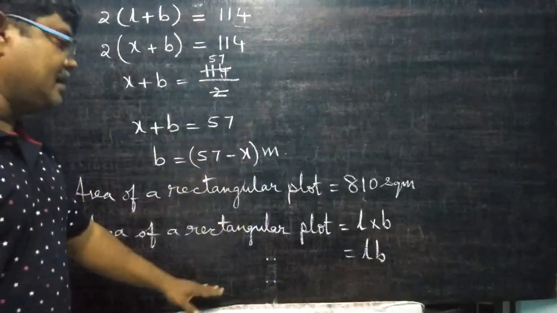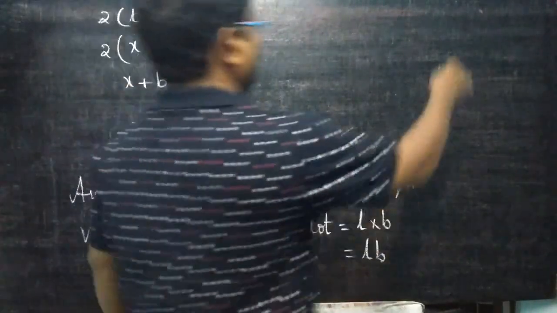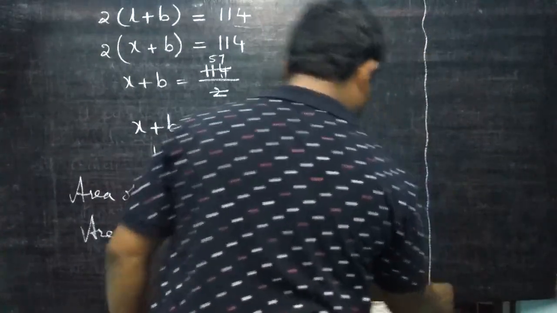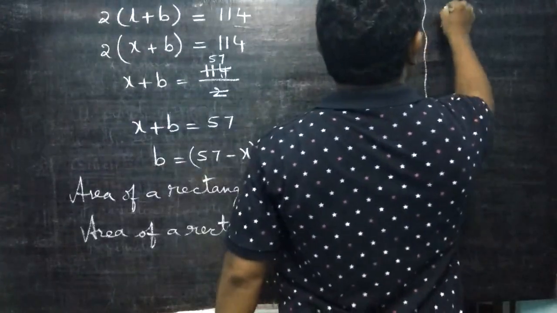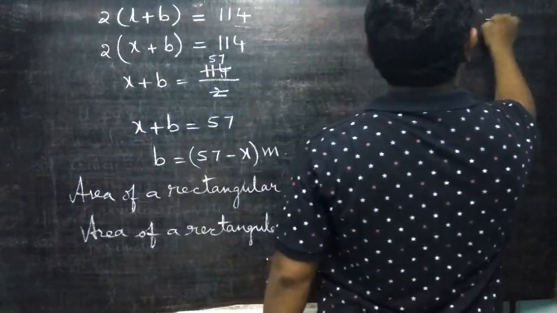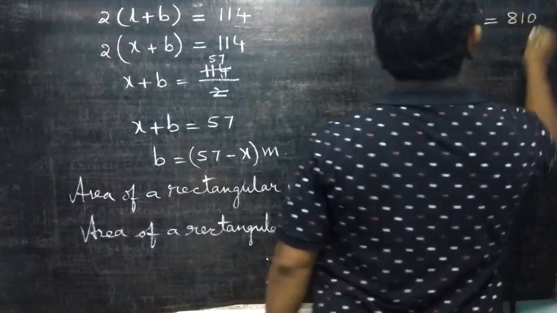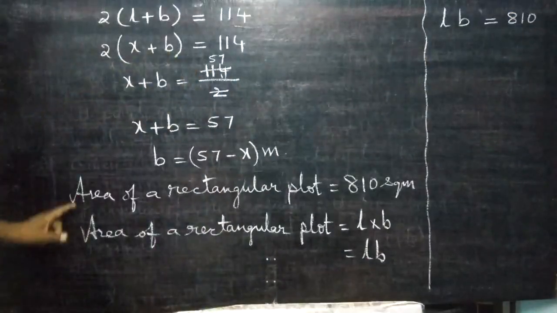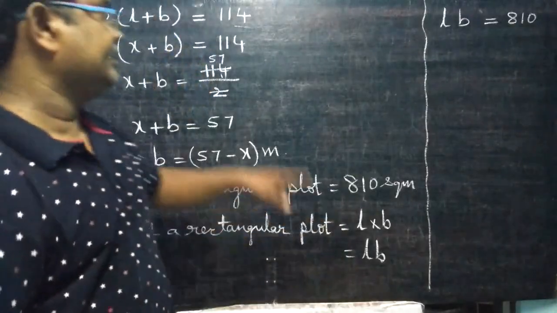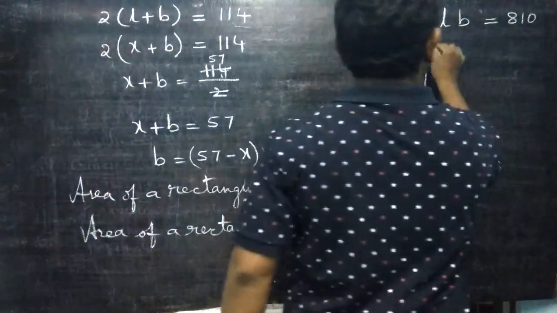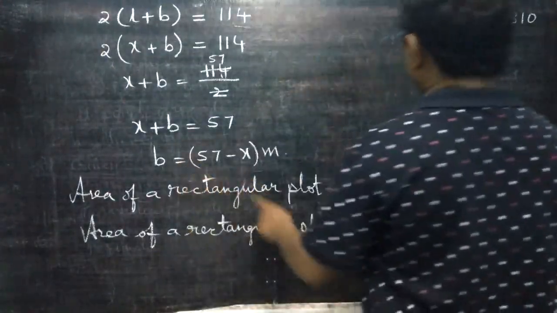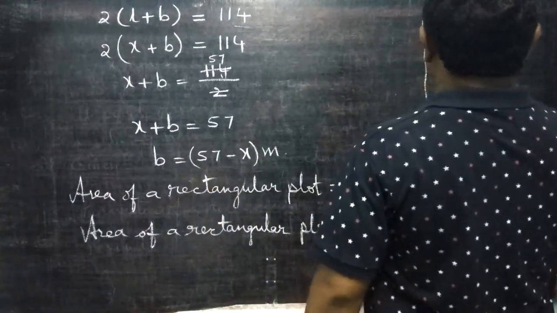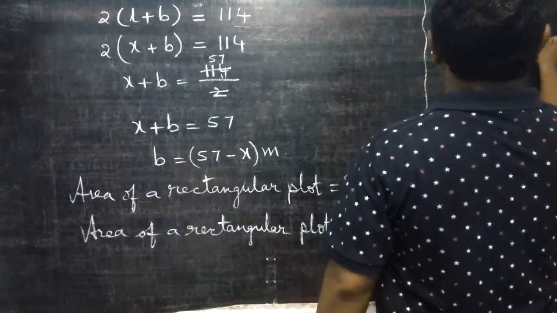Now we are going to frame the equation. First I will frame the equation. LB is equal to 810. Both are areas. We are comparing. L means we thought x. Breadth just now we got as 57 minus x, is equal to 810.